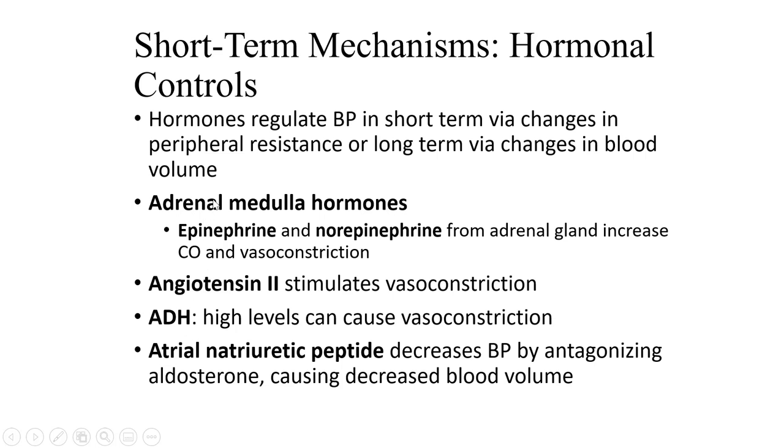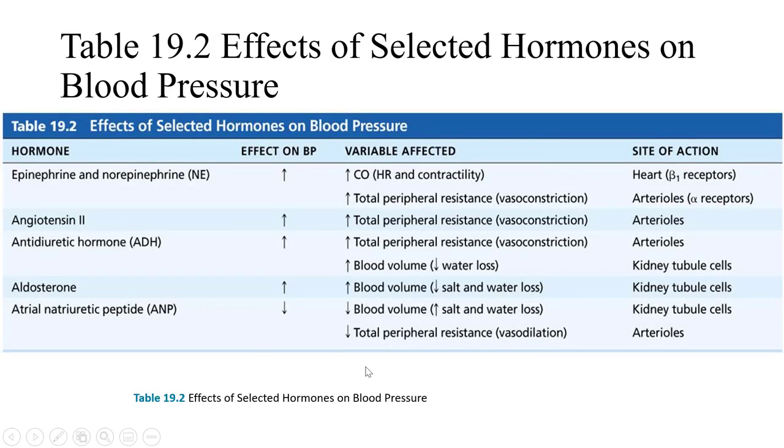All of the others would increase blood pressure. Epinephrine and norepinephrine, angiotensin, the antidiuretic hormone, they all promote vasoconstriction and would increase blood pressure. The only one that would decrease the blood pressure is the atrial natriuretic peptide because it is antagonistic to the effect of aldosterone.